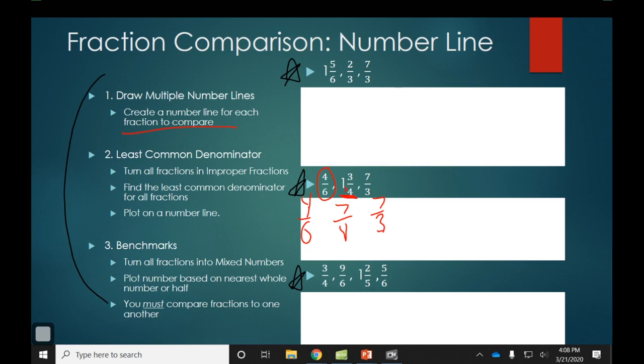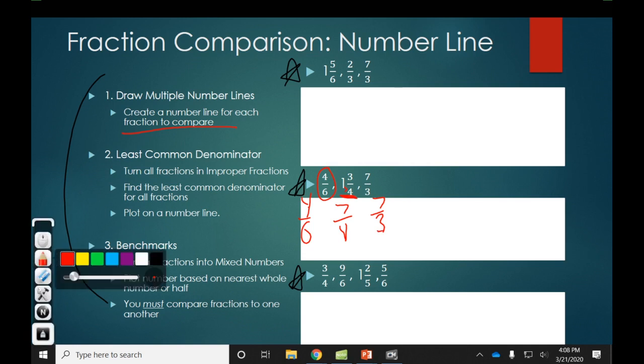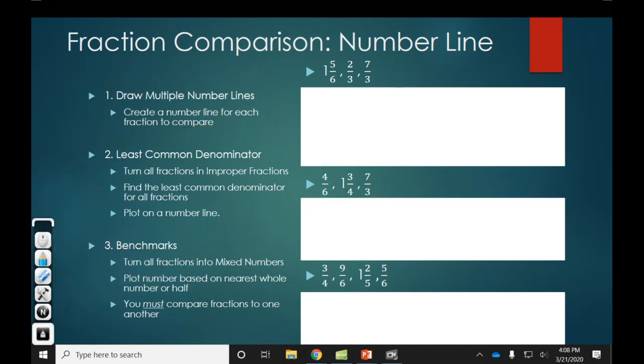What you then need to do is write out all the multiples. Oh, sorry about that, guys. Technical difficulty. So write out the denominators. So you have 6, you have 4, you have 3.